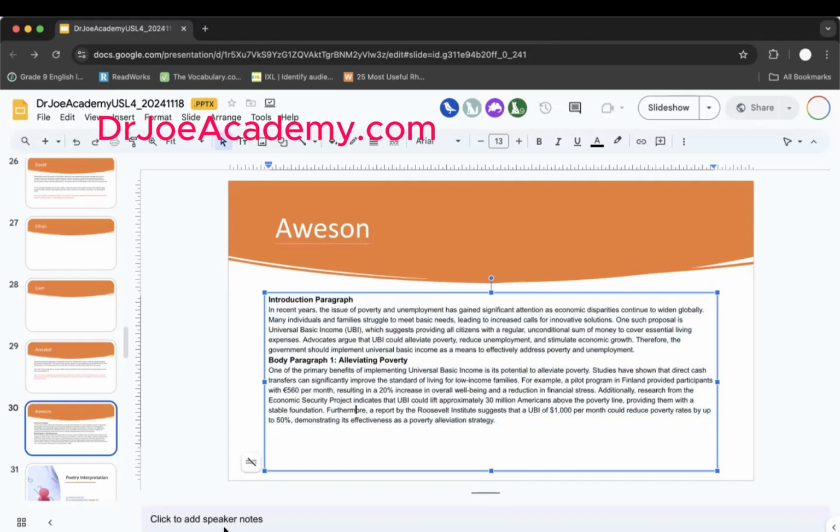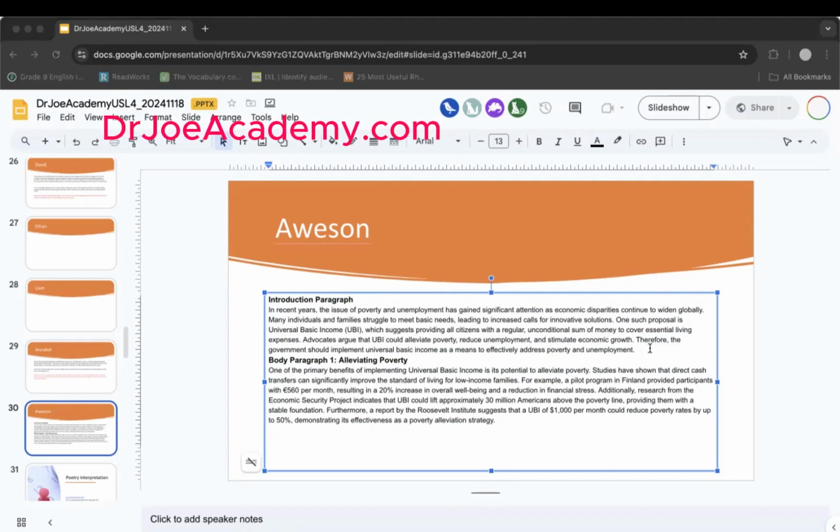Additionally, research from the Economic Security Project indicates that UBI could lift approximately 30 million Americans above the poverty line, providing them with a stable foundation. Furthermore, a report by the Roosevelt Institute suggests that a UBI of $1,000 per month could reduce poverty rates by up to 50%, demonstrating its effectiveness as a poverty alleviation strategy.